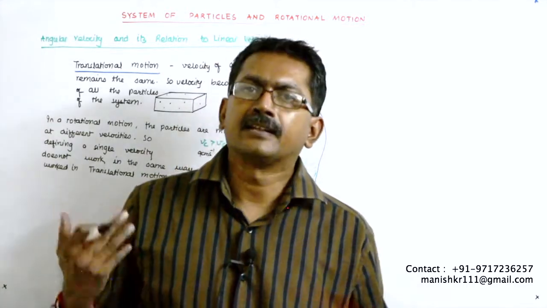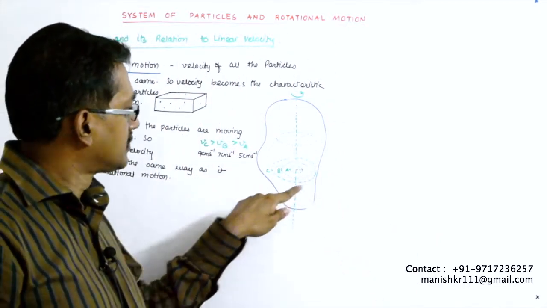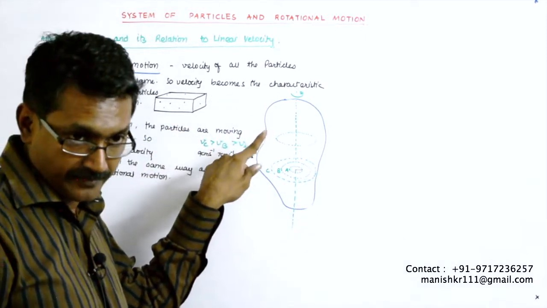Okay, so the outer one is moving at a higher speed, in the sense that we have defined speed in a translational motion, right?